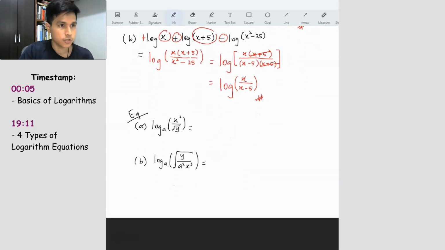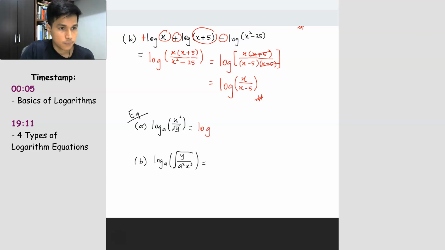So this first question here, you got log base a, and then in the bracket here you got x square over square root y. So remember, when it's a fraction, it means what? Fraction means minus, right? Divide, so you can break it apart to become minus.